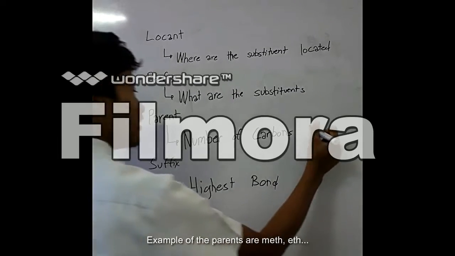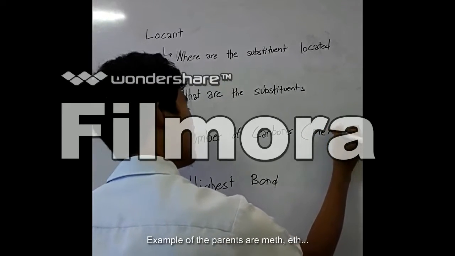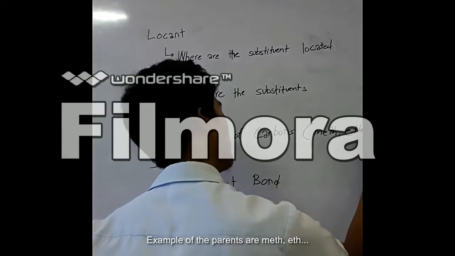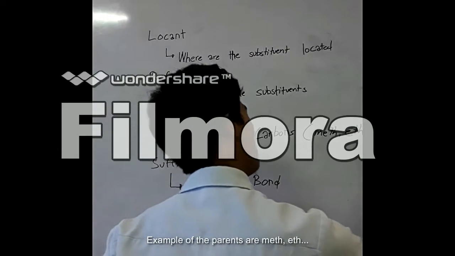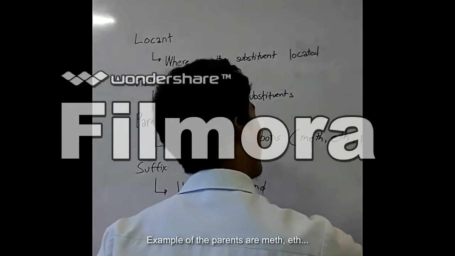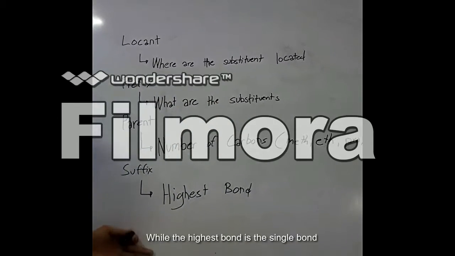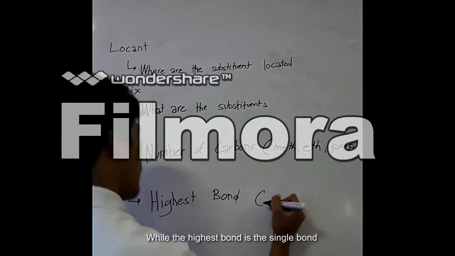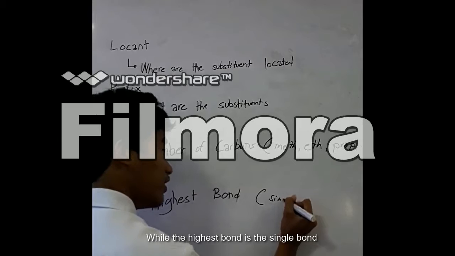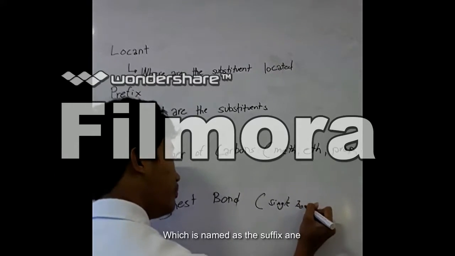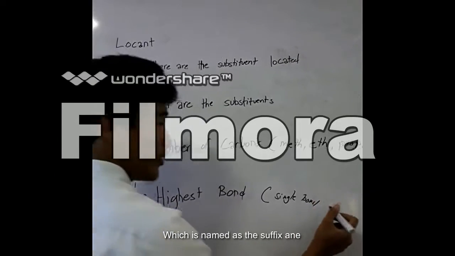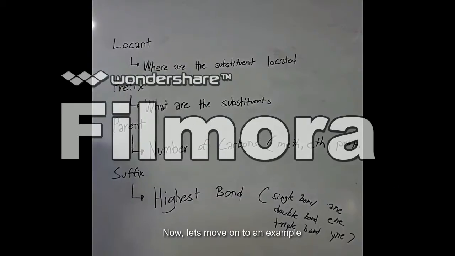Examples of the parents are meth, eth, prop, and many more. While the highest bond is the single bond, which is named as the suffix ane.